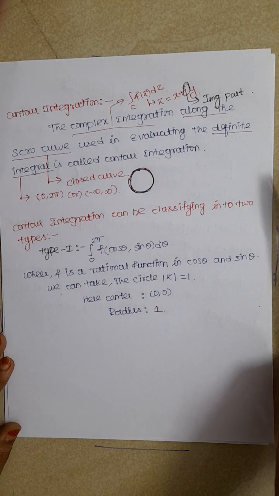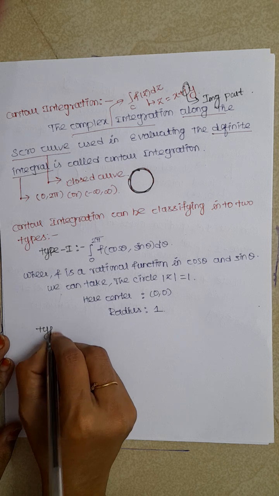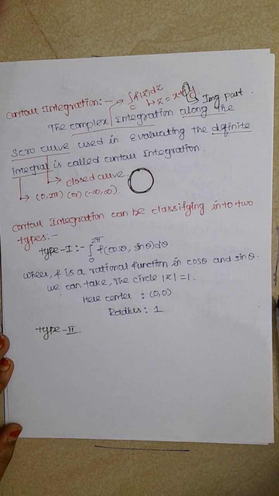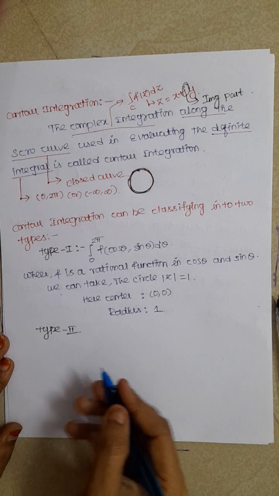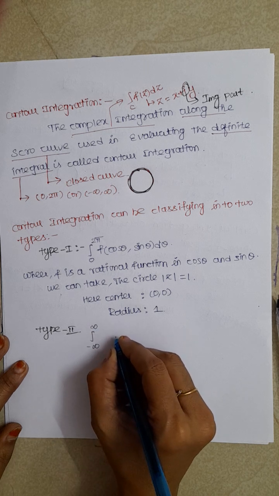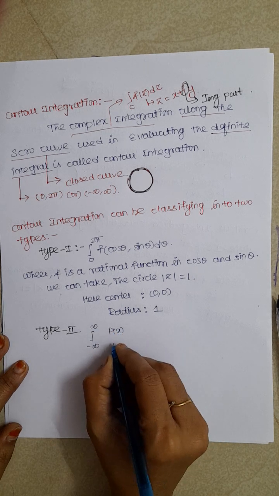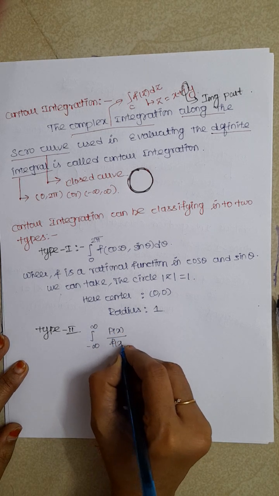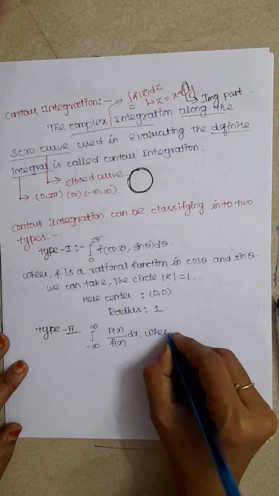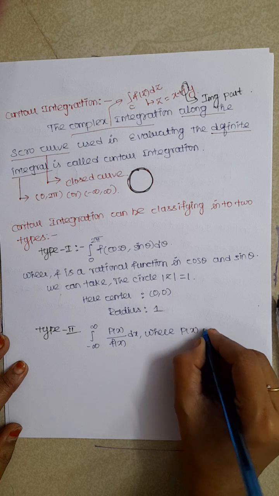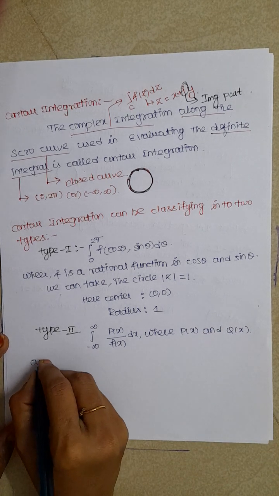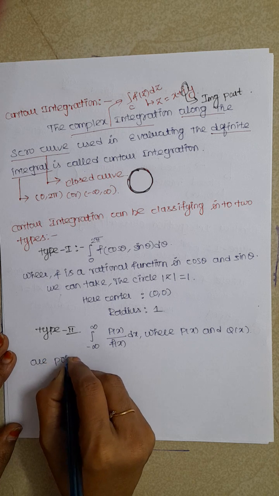Next, type 2: integral over minus infinity to plus infinity of p of x by q of x dx, where p of x and q of x are polynomials.